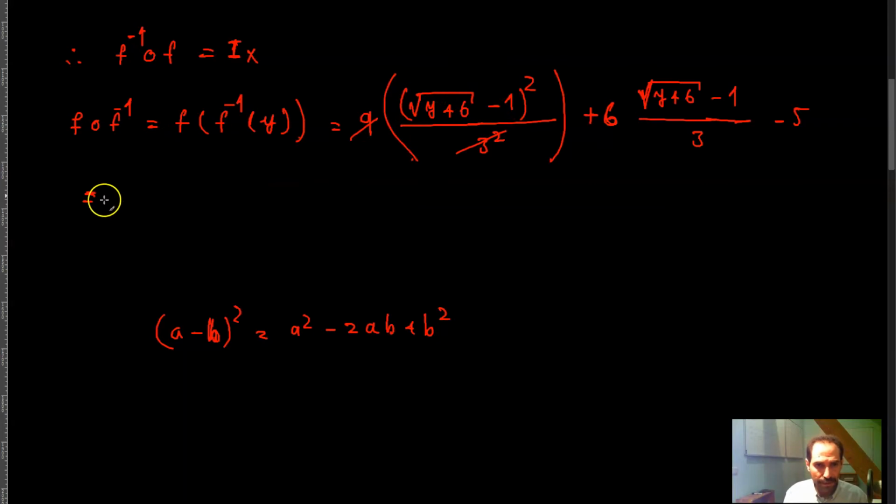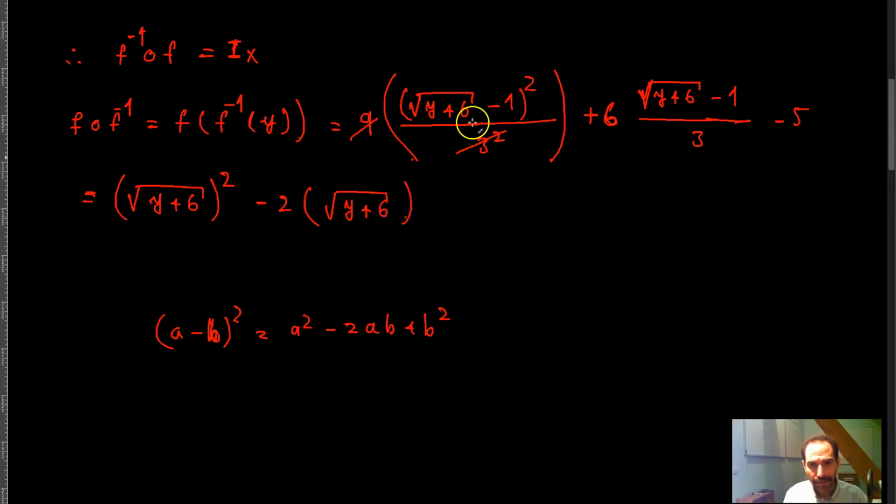So you want to raise this to the second power, meaning you have to write the square root of y plus 6 whole squared, and negative 2 times the square root of y plus 6 times b, which is equal to 1, and b squared is equal to 1 squared, and then 6 divided by 3 is equal to 2, right?